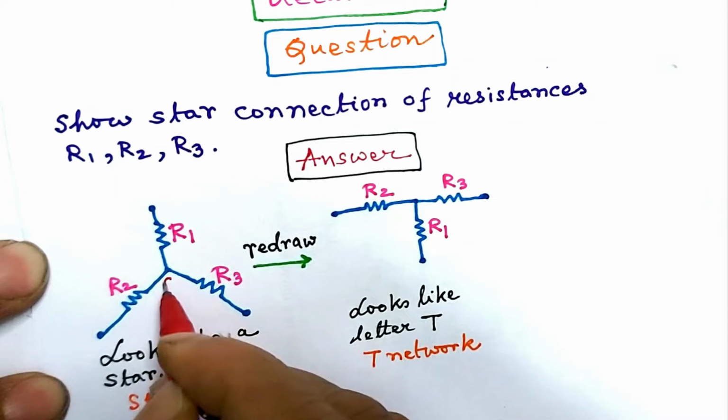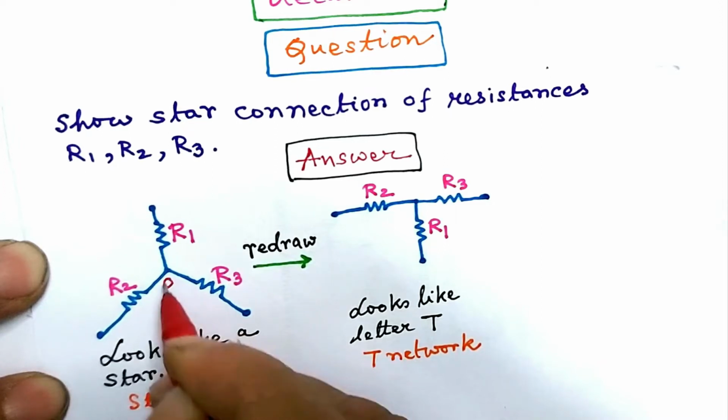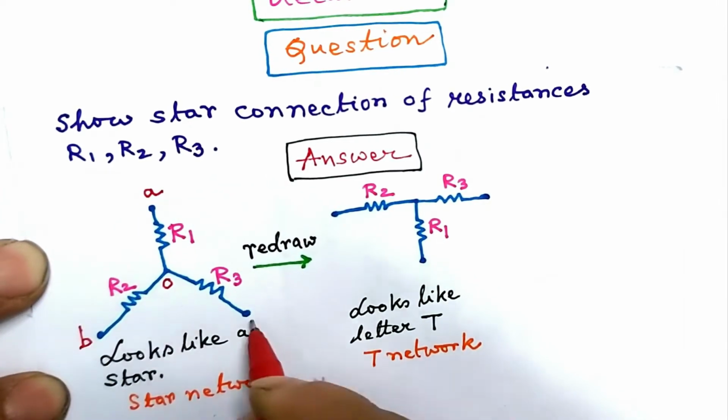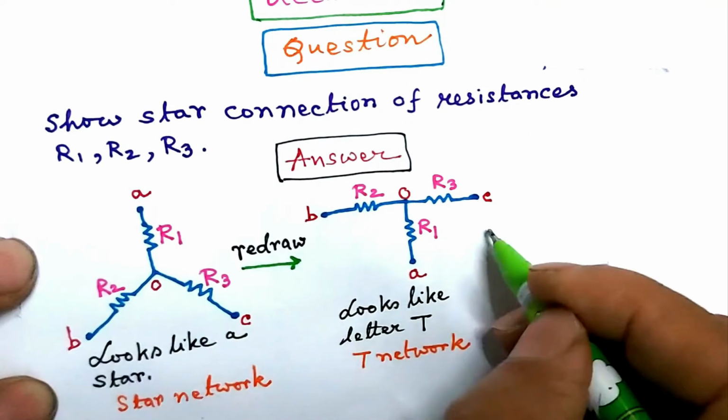This junction or meeting point of the 3 resistances R1, R2, R3 be denoted by O, and the free ends, let us call them A, B, C. The same here. Let us check. Resistance between OA is R1, resistance between OB is R2, while resistance between OC is R3.